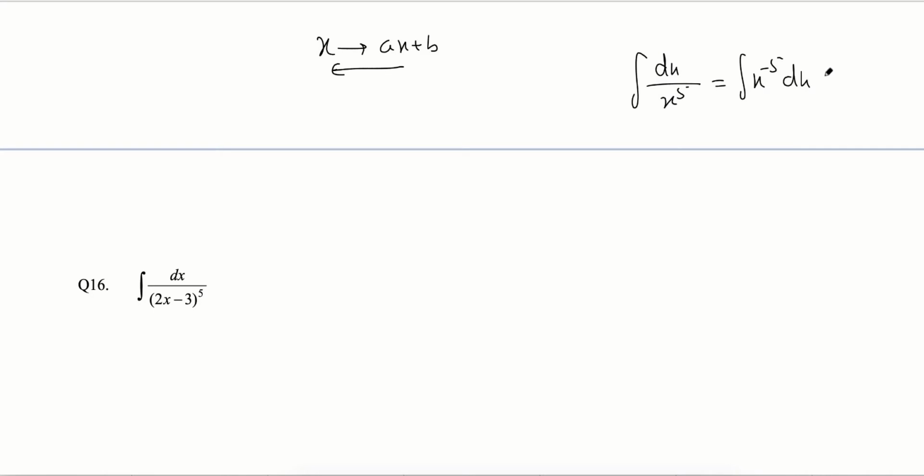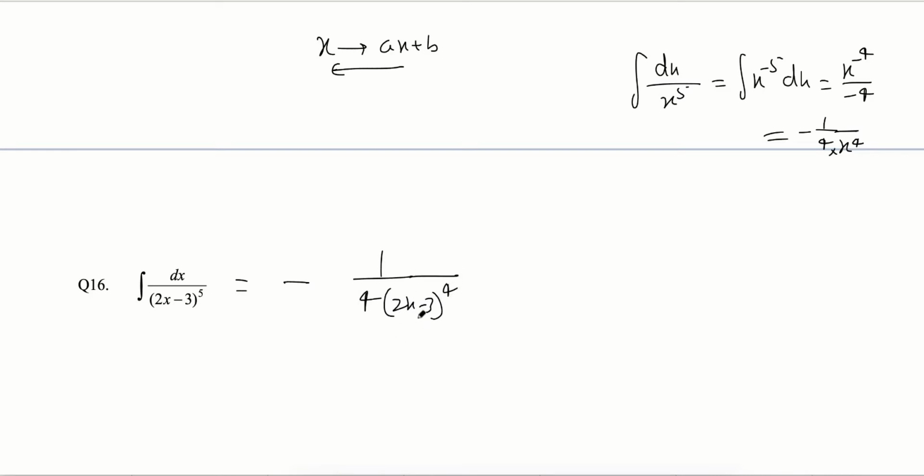And x power minus 5 dx integration will be what? x power minus 4 by minus 4. That means minus 1 by 4 into x power 4. Yes or no? So this integration will be minus 1 by 4 into (2x minus 3) power 4.